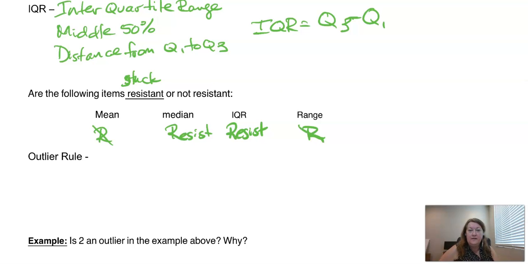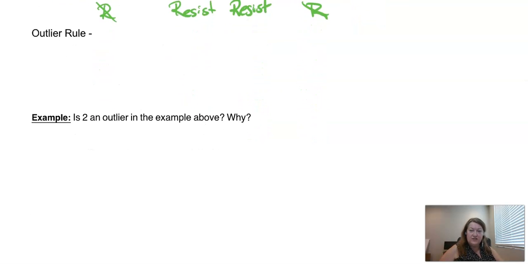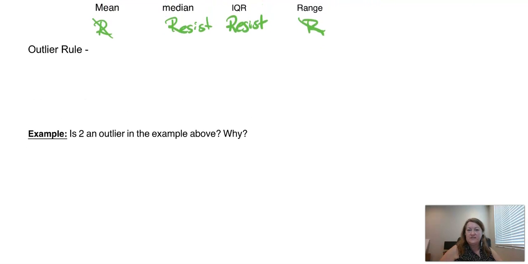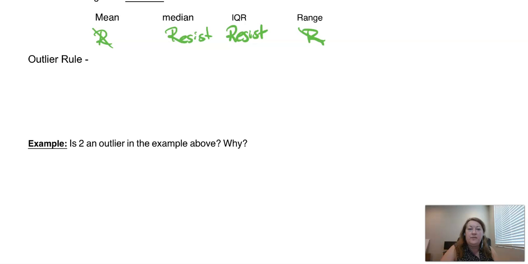There was a question over the past couple of days of what is an outlier? So let's talk about the outlier rule. We have a mathematical rule for testing if something is an outlier. It's a simple calculation.